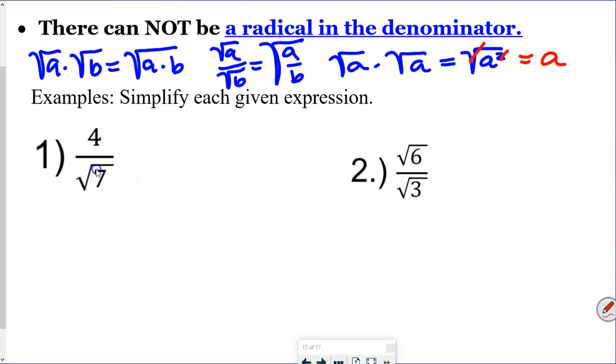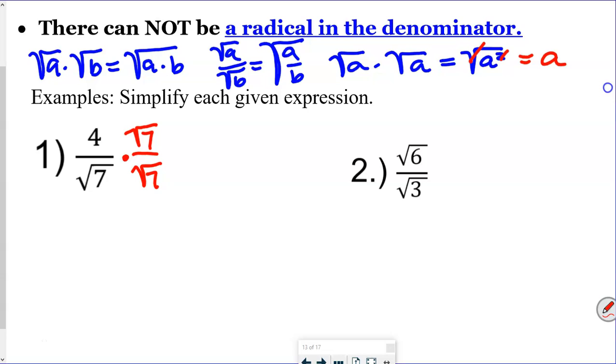The other thing I want to remind you guys is any number over itself is 1. And when we multiply 1 times anything, it doesn't change it. So what we're going to do with this next problem is multiply by the square root of 7 over the square root of 7, keeping in mind that anytime we do anything over itself, it does not change the function.